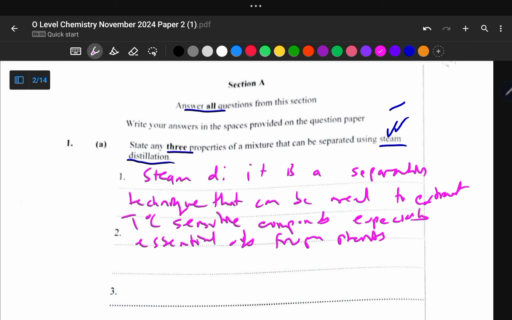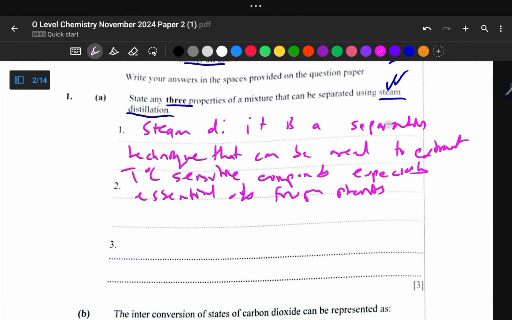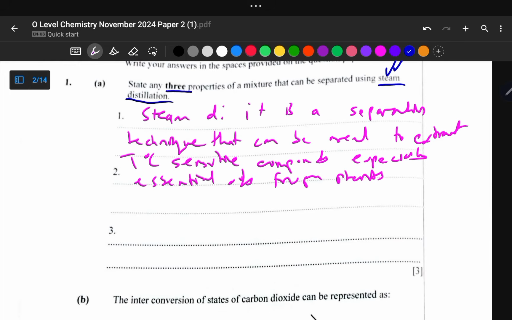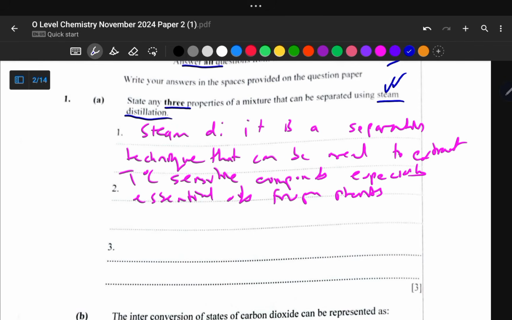So this is the definition of steam distillation. So how does steam distillation work? These are the principles of steam distillation.